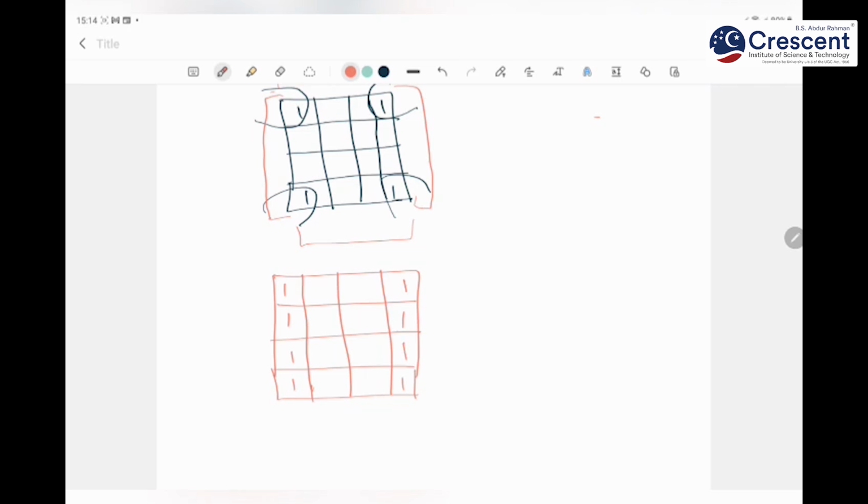What you can do is combine this with this, and consider it to be a single group.